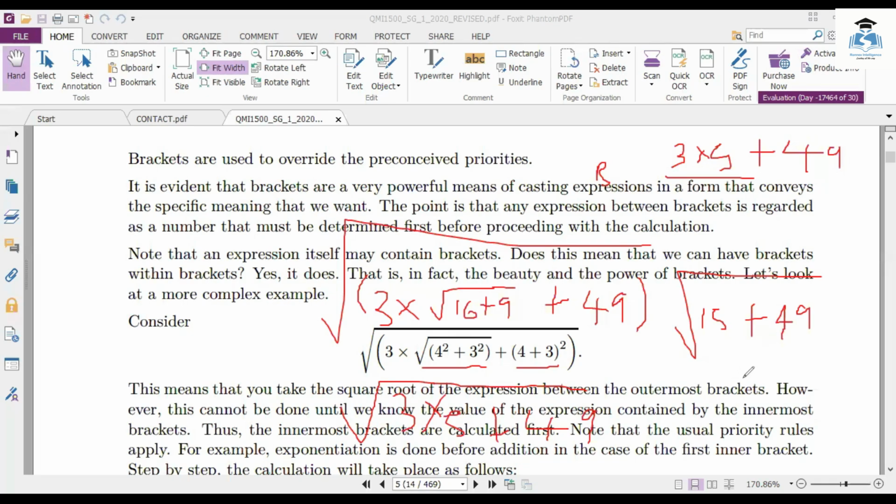We have got 64, right? Then you look for the square root of 64, which will give you 8 as the final answer. So you do piece by piece, piece by piece, until you are at the final end. Okay?